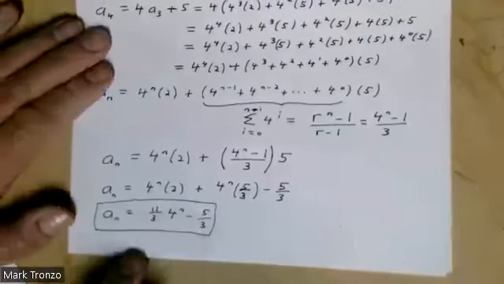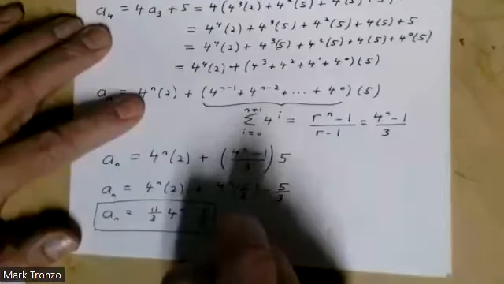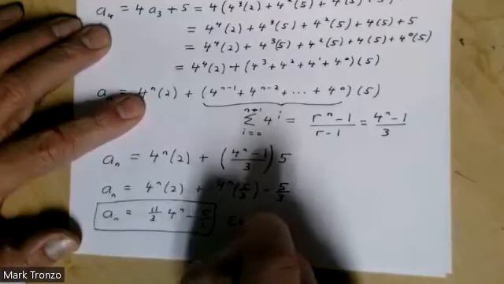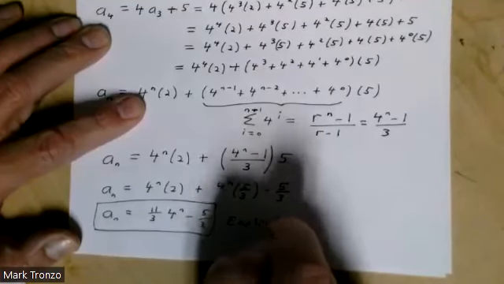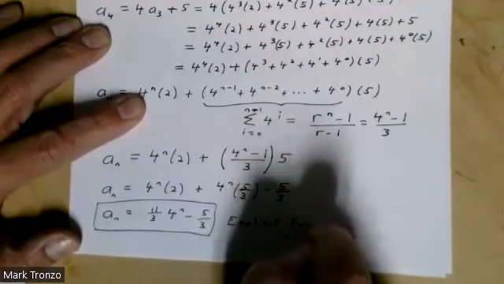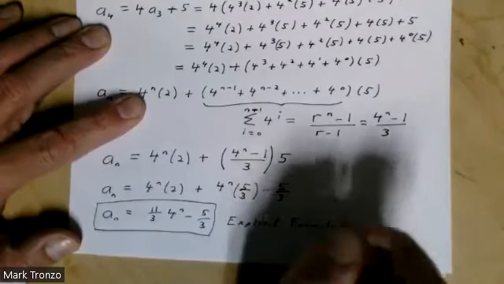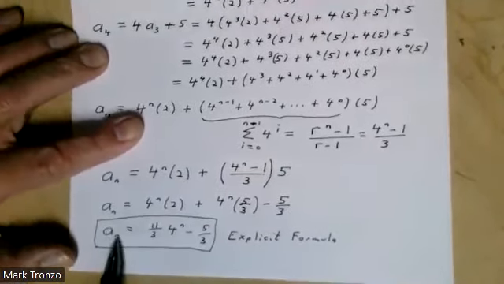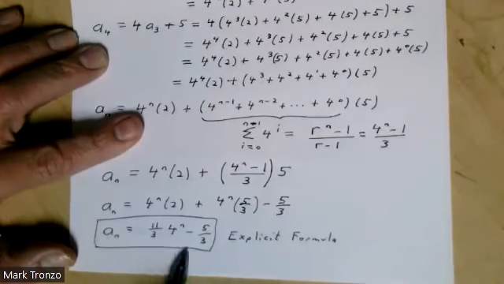But here, with our explicit formula, this is our explicit formula. You can just put, let's say, 100 into here and get your answer.